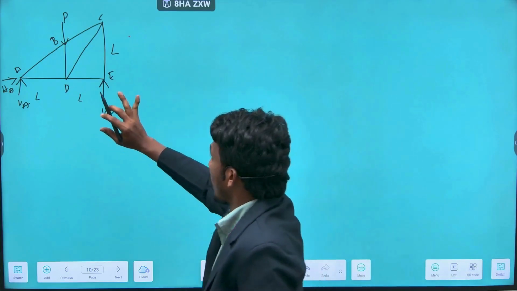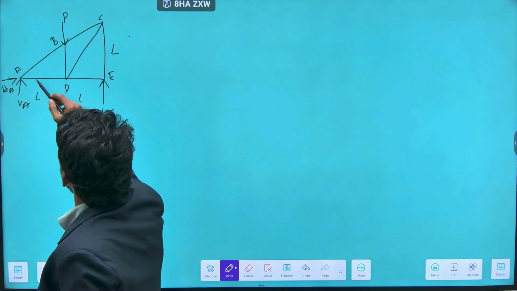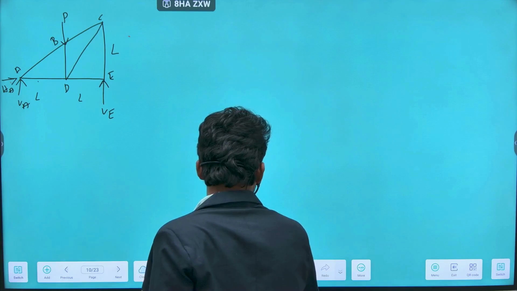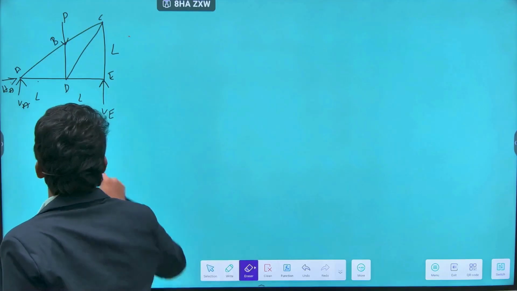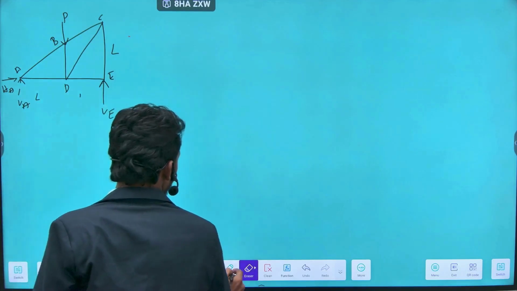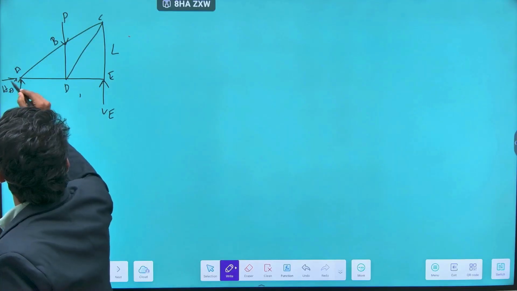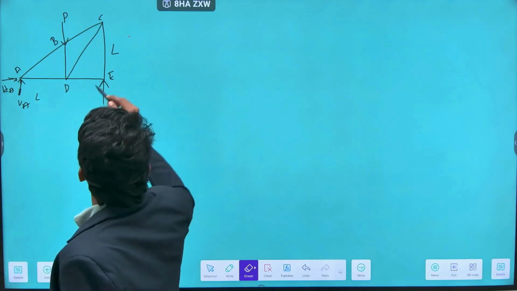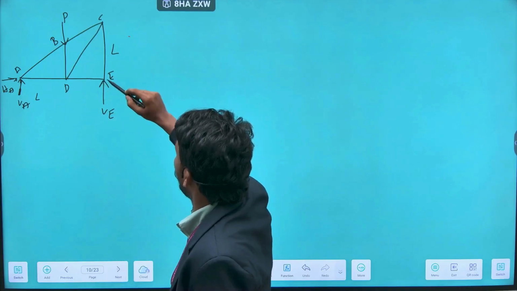Let us see first this joint. So we have two support reactions. If we look at this joint, we have one unknown force here, one here, and one here.